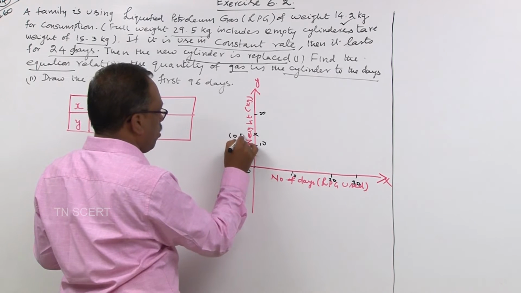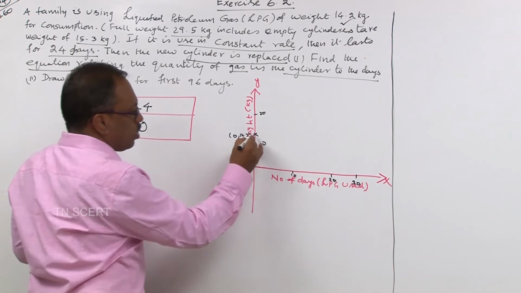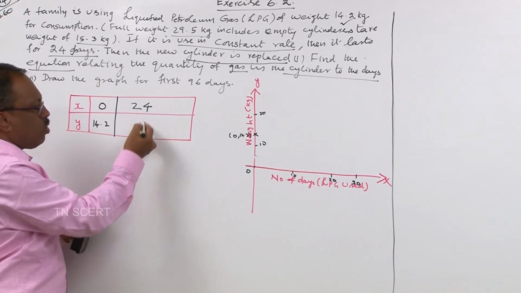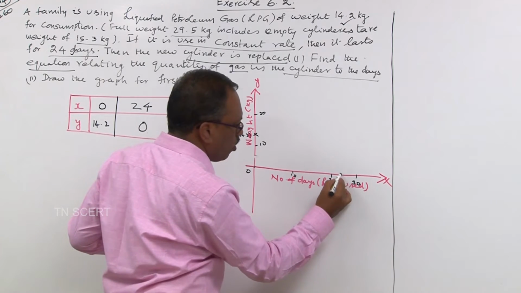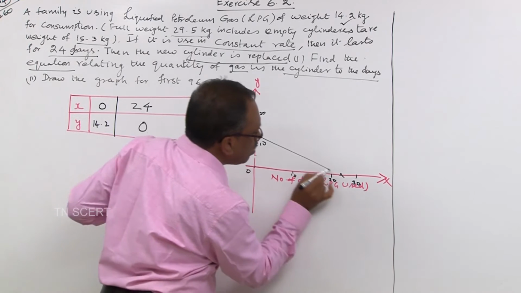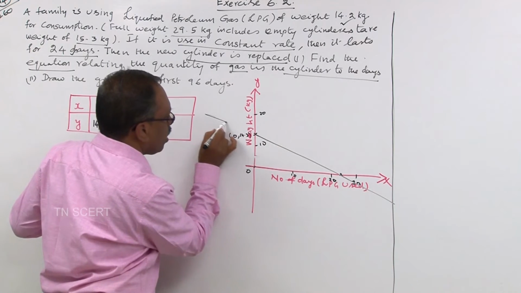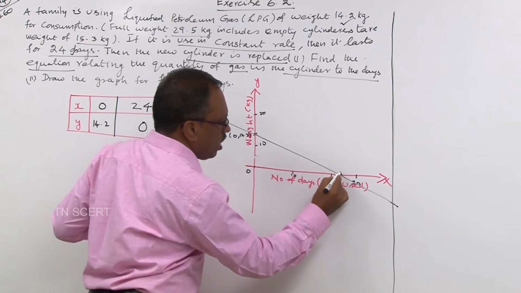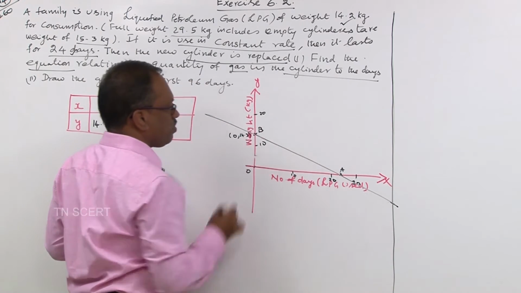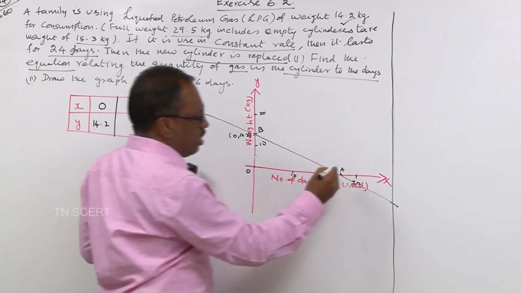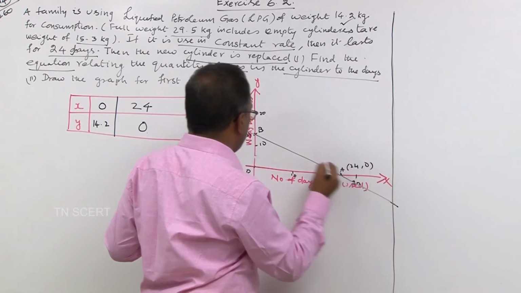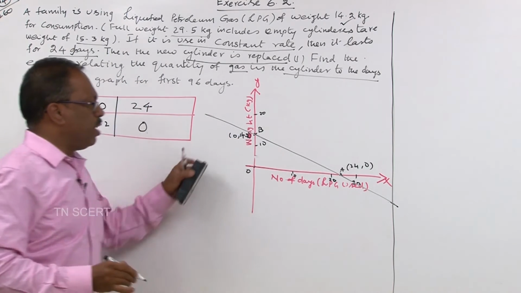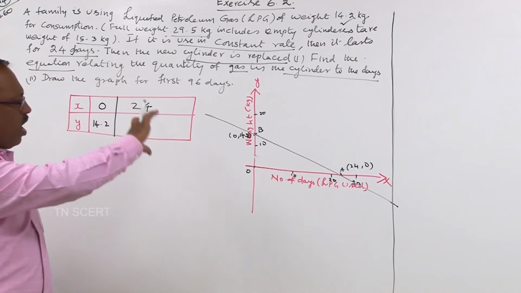This is the first point, and then 24, 0 would be here. Join these two and you get a line like this. This is A and this is B. B is 24, 0, and A is 0, 14.2.